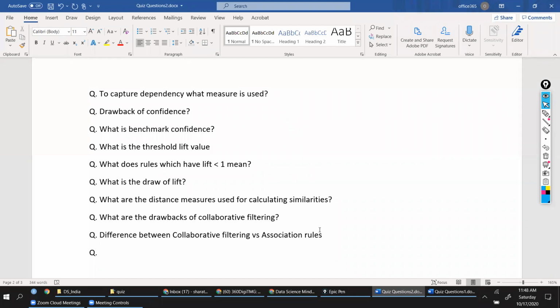What are the different collaborative filtering strategies that we can apply? User based, item based, okay.